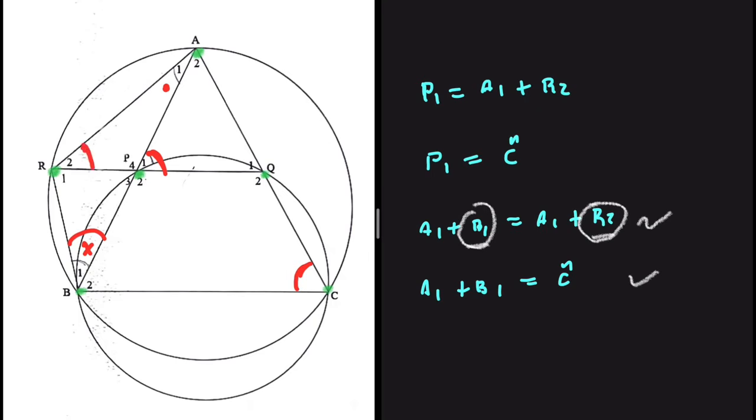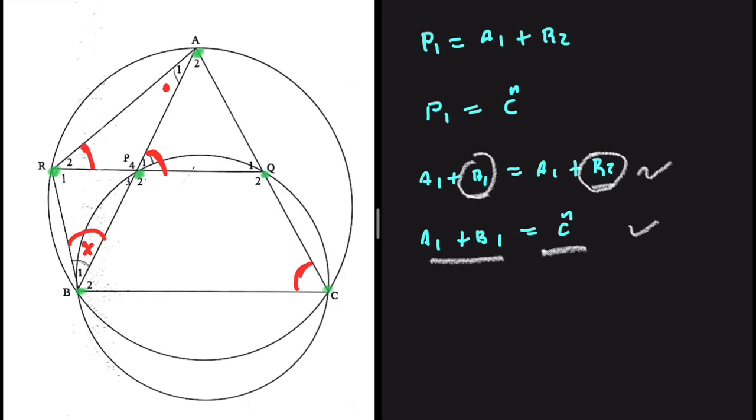If you take some time and try figuring out if you can see that R2 is equal to B1, you're going to realize that it is quite a difficult exercise. I couldn't prove that. That is why I moved to option 2: A1 plus B1 is equal to angle C. Let's see how that comes about.